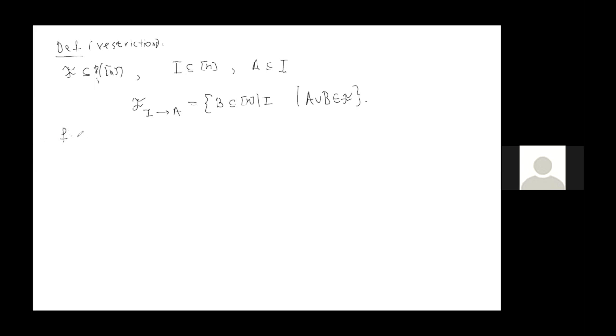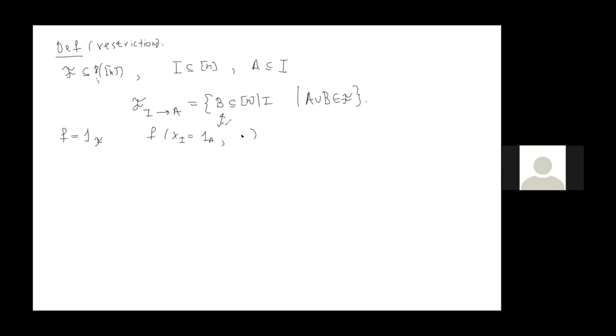If indeed we prefer to talk about Boolean functions, we look at the corresponding Boolean function to the family, then this restriction amounts to saying we fix variables of I to be 1 inside the coordinates of A and 0 otherwise, and the rest we leave free. So this is really the same as this.